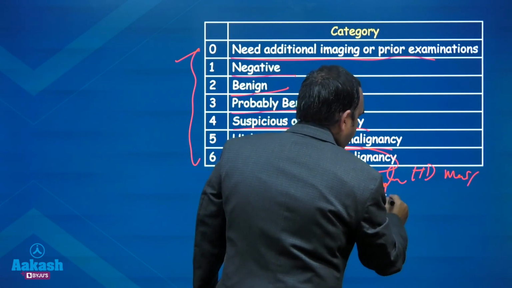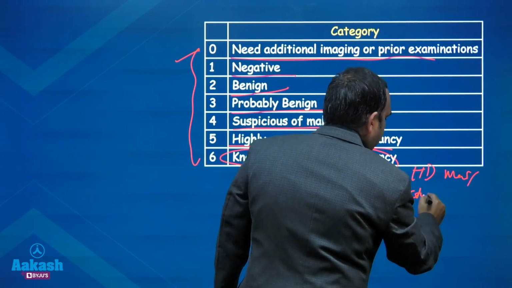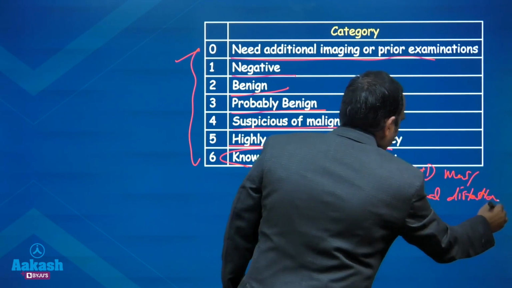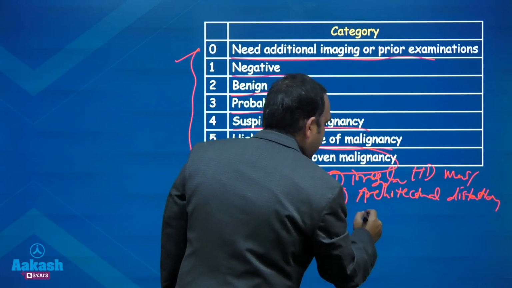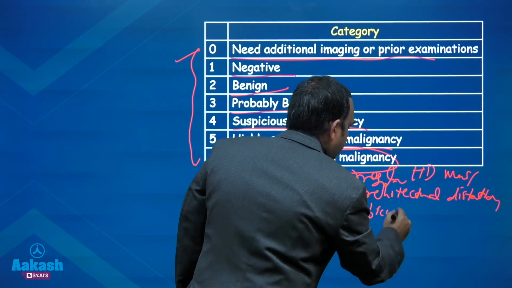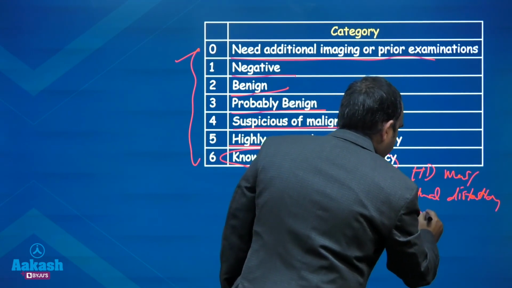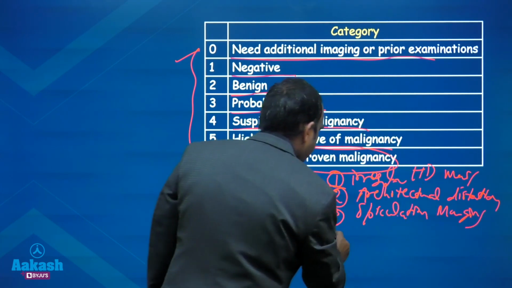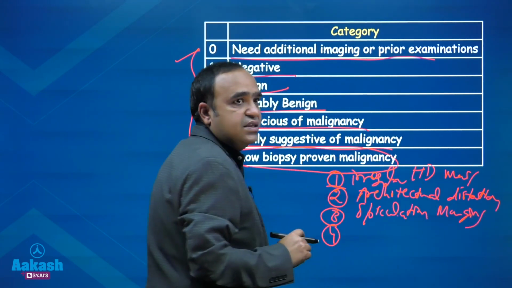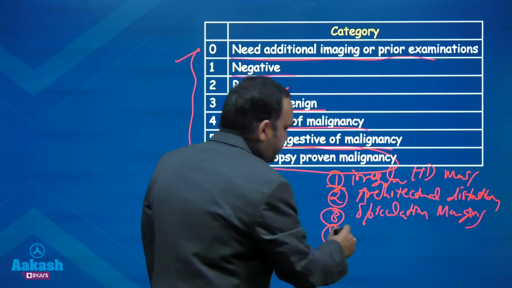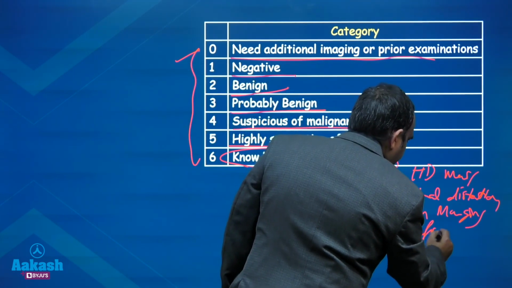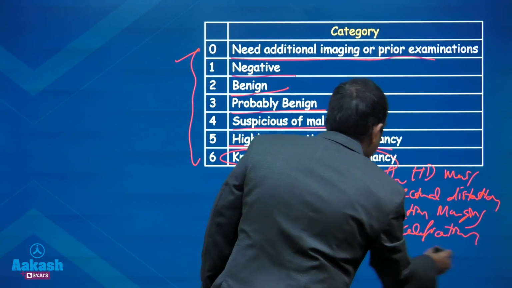Second, architectural distortion, again not seen in this case. Third, spiculated or irregular margins, which is not here. And last is the microcalcifications. So again not present in the current case.